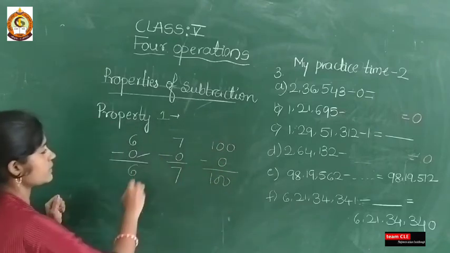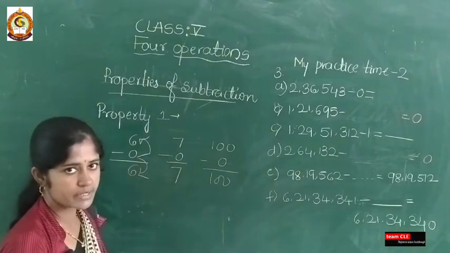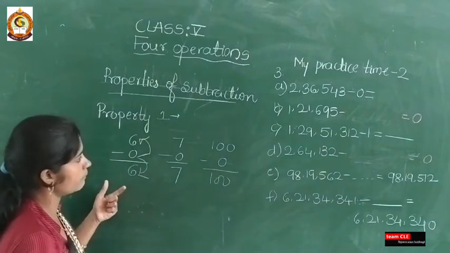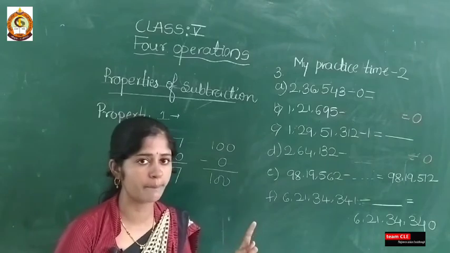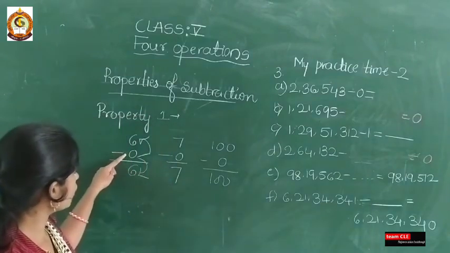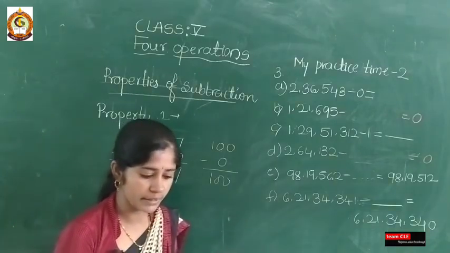When 0 is subtracted from any number, the difference is the number itself. So this is property number 1, of the properties of subtraction.